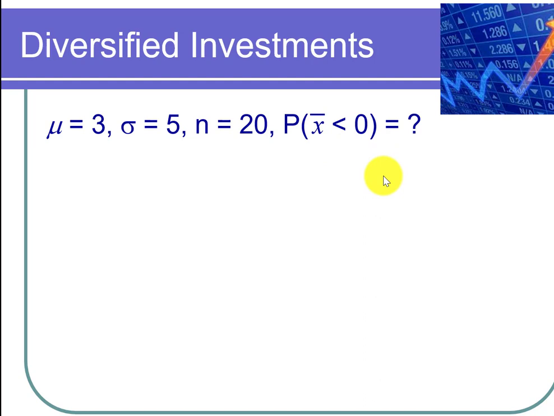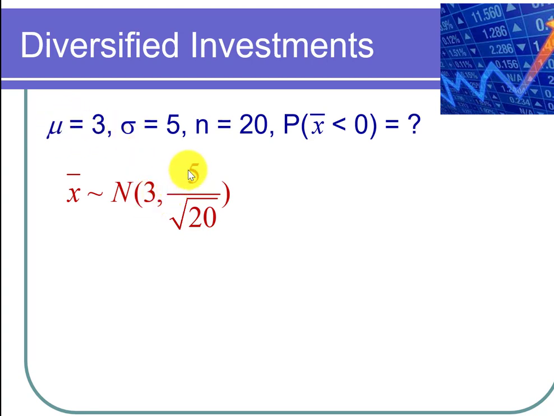So we can use the central limit theorem that says that X bar is normally distributed, because we're assuming that the original stocks were normally distributed, and that was part 1 of the central limit theorem. If you don't want to have to assume it, then you better have a bigger portfolio of more stocks. And the mean of all possible samples of size 20 is equal to the population mean, or 3.